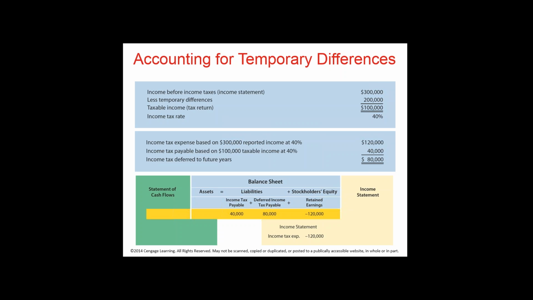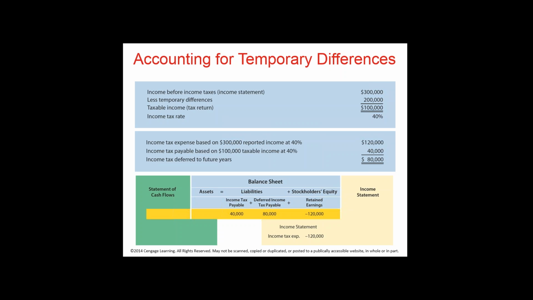And in retained earnings, we're going to show the full income tax expense based on our books of $120,000. Take a moment and look at that and make sure you follow exactly what we're doing here.